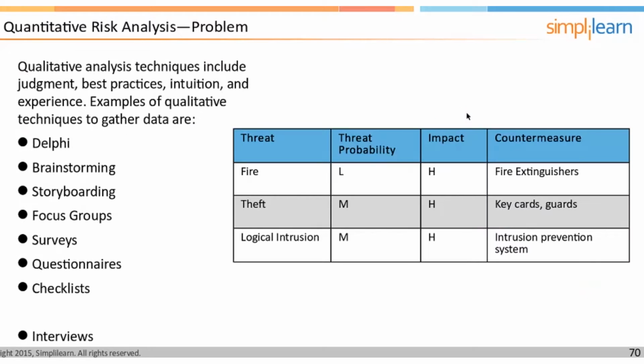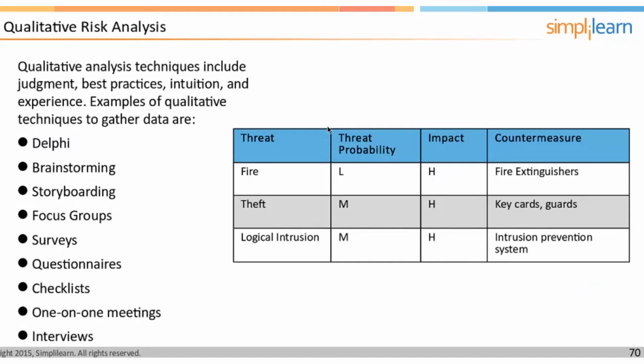The other part is the qualitative, as I mentioned earlier on. In qualitative, there are no numbers. What you need to look at is the probability and the impact. Let's look at this here. The threat is a fire. The probability of the threat is low, whereas the impact is high.